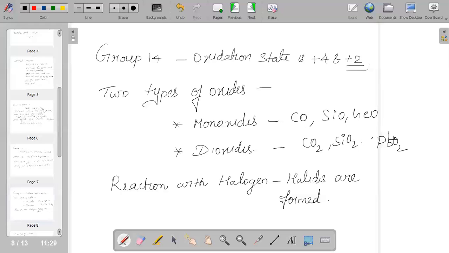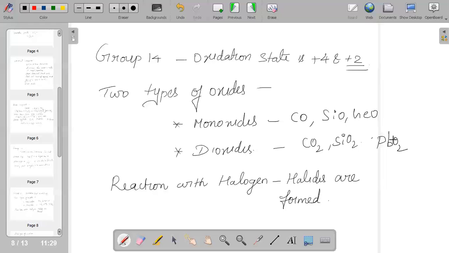For example, if we take the reaction of group 14 with water, it is a well-known fact that it has the tendency of forming a hydroxide. Carbon does not react with water. Tin reacts with steam and forms SnO2.